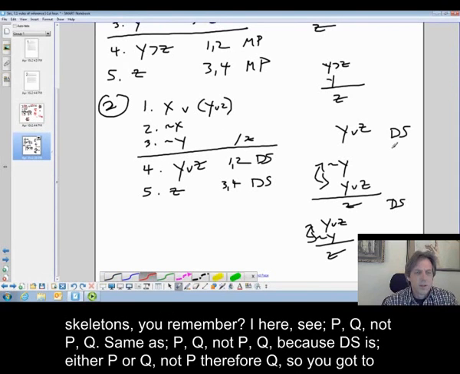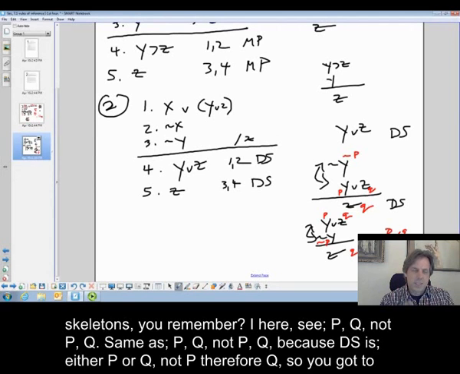You remember? I here see P or Q, not P, Q. Same as not P, P or Q, Q, because DS is either P or Q, not P, therefore Q. So you got to see those skeletons.